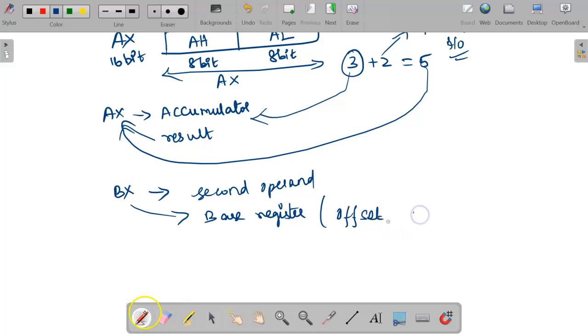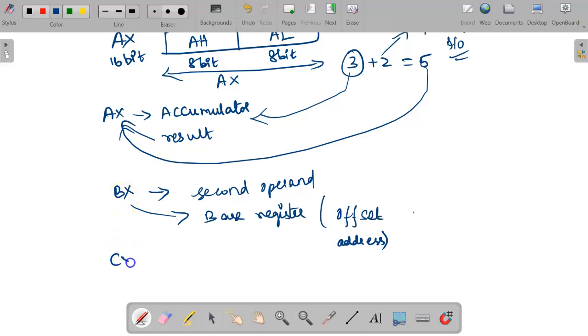As we have already seen in the physical address calculation, we require one segment register and one offset address. One offset address is also provided by the BX register. This BX register is particularly used in the based addressing mode. We will see addressing modes later. In the based addressing mode, the offset address is generally given by the BX register.